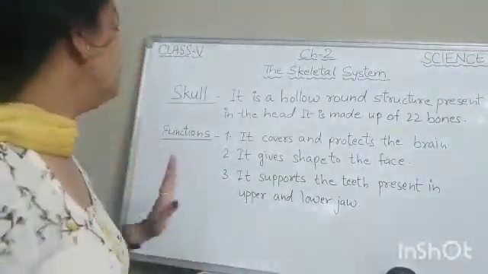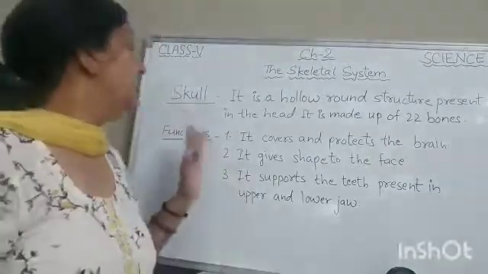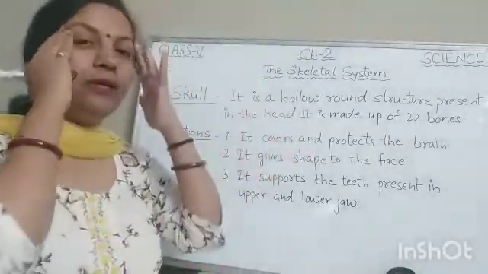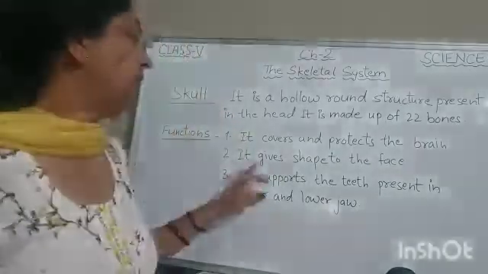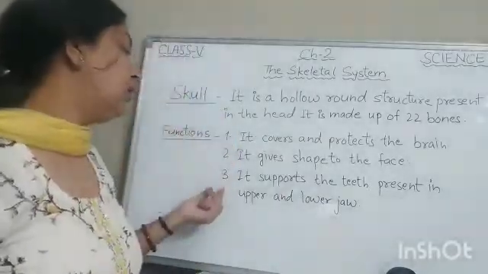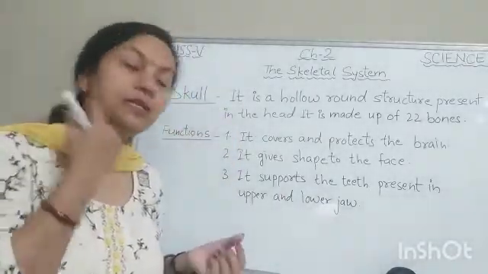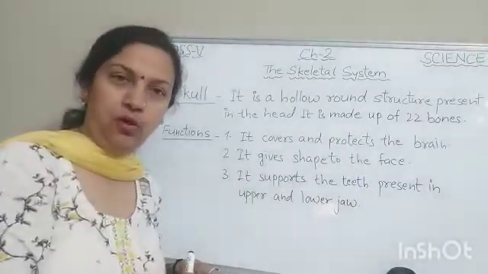So what are the functions of the skull? What does it do? It covers and protects the brain. It gives shape to the face. Third, it also supports the teeth present in the upper and lower jaw.